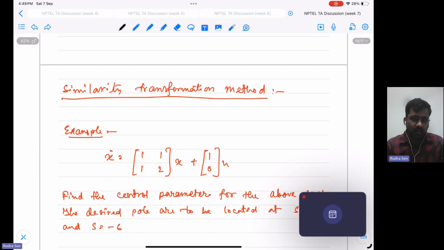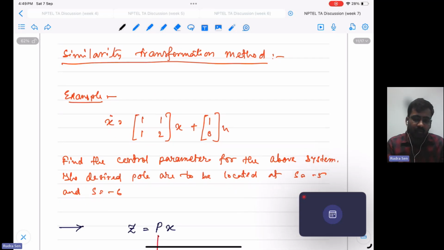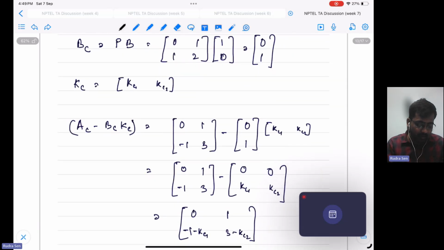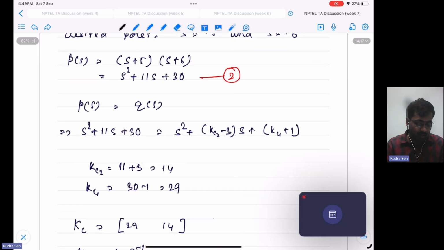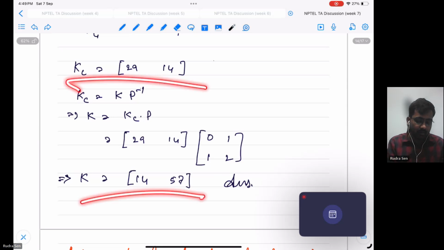The next one is using the similarity transformation method. Here we transform the system from its original form into the controllable canonical form so that our computation is much easier. And then we do all those things. We find out the Kc, which is the control parameter for the similar system, and from Kc we find out the K matrix.